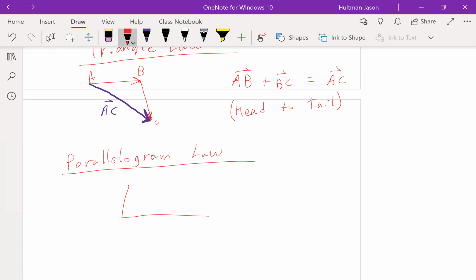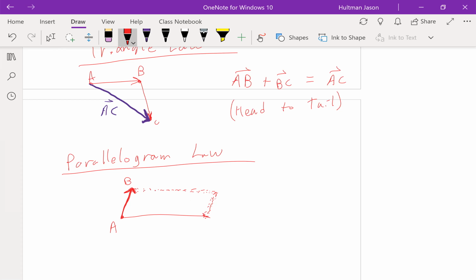This is A. We're going to go A, B. This is kind of hard to draw, but I'm just trying to draw a parallelogram.